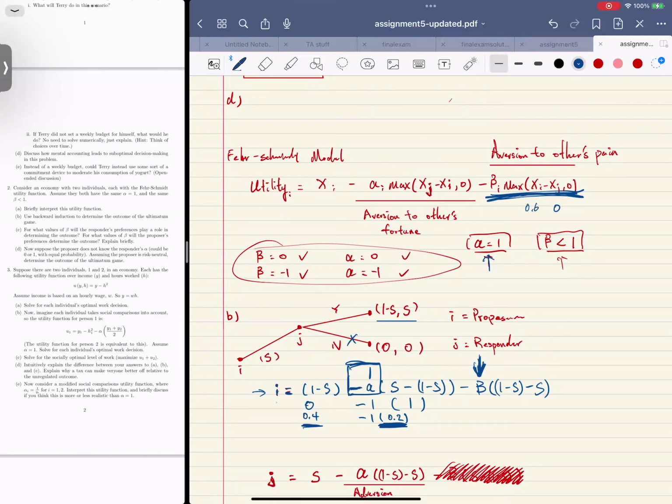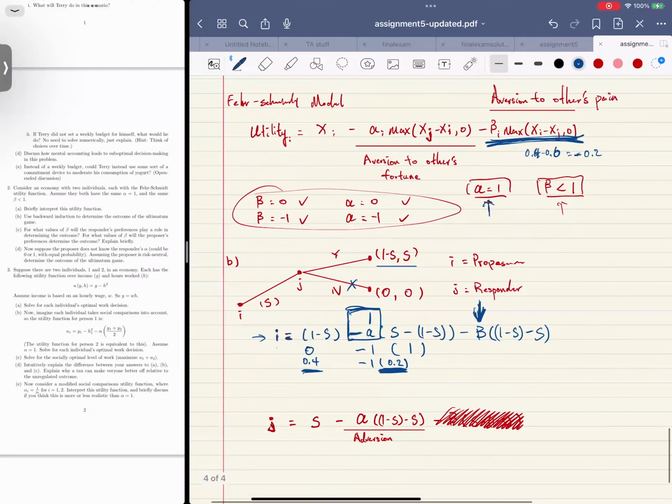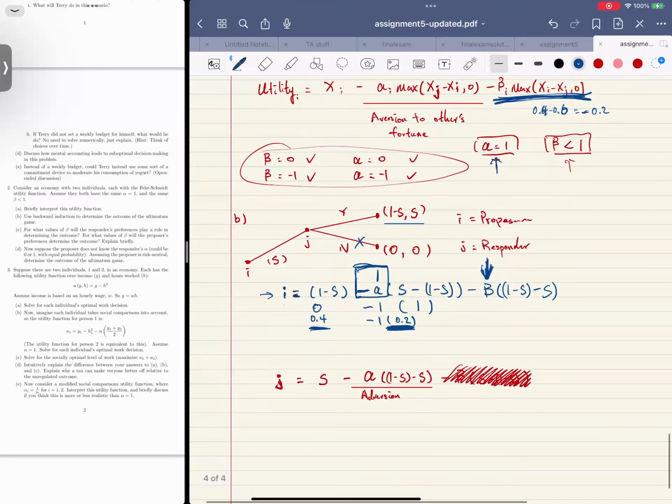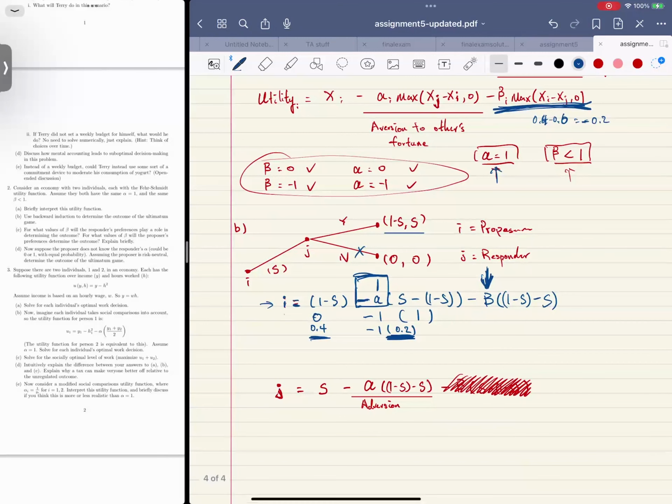Because 0.4 minus 0.6 equals -0.2, and it's not the max. The max is 0. 0 is greater than -0.2. So the whole beta term will cancel out. So there's no way I will ever give more than 1/2 to J. Okay, so we solved that problem.